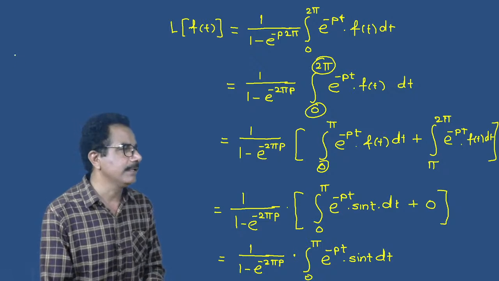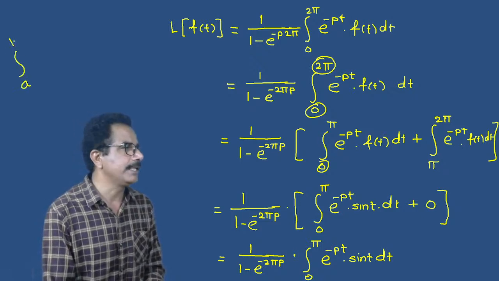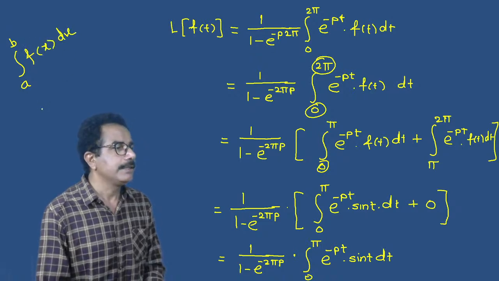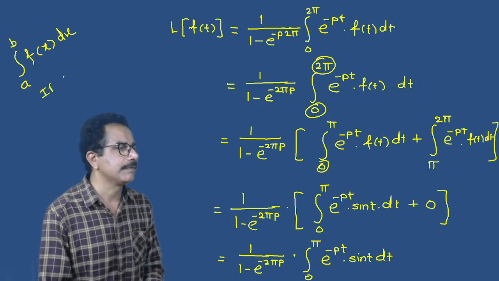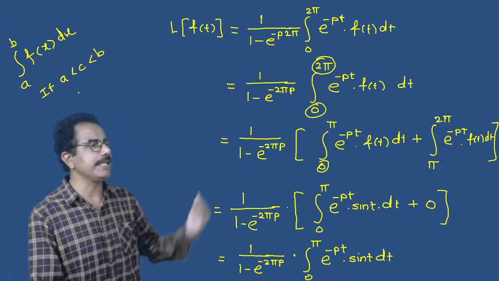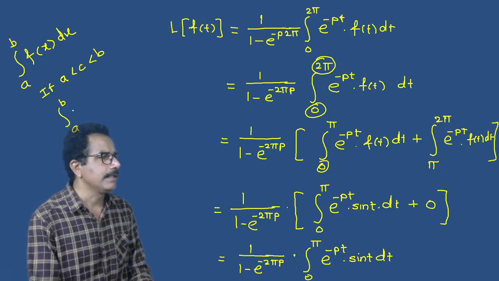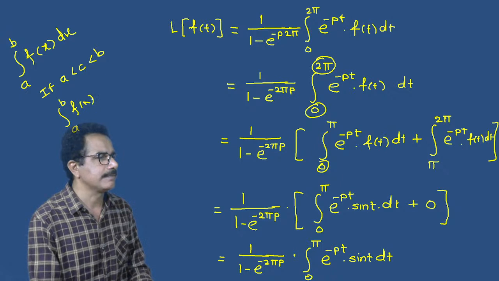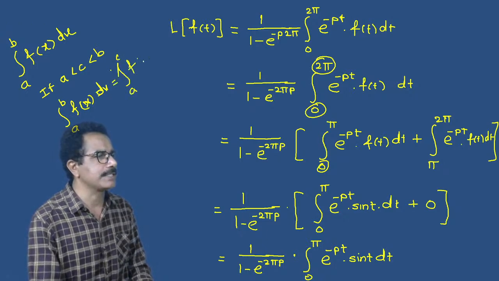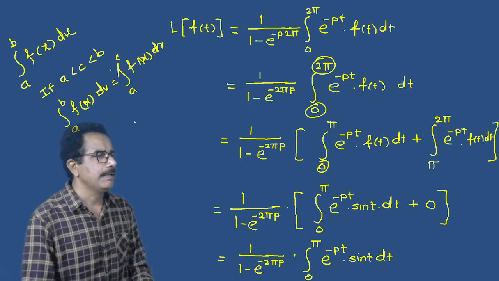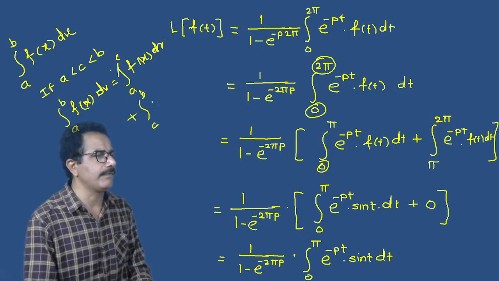What is the definition? You know the definite integral formula, integral from a to b of f of x dx. Then we can write, if a is less than c is less than b, that is, if c lies in between a and b, then integral from a to b of f of x dx will be integral from a to c of f of x dx plus integral from c to b of f of x dx.